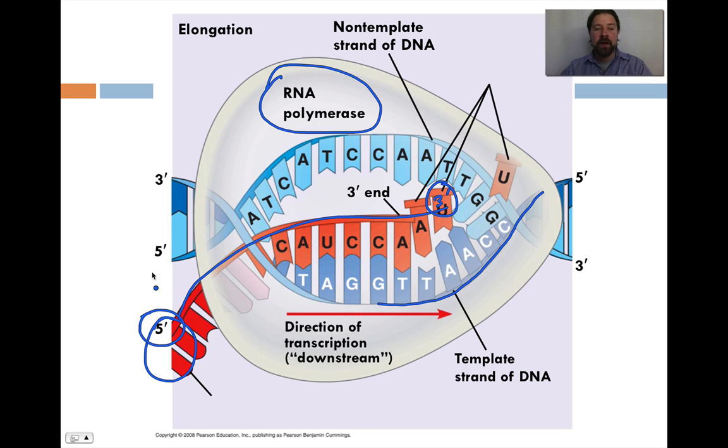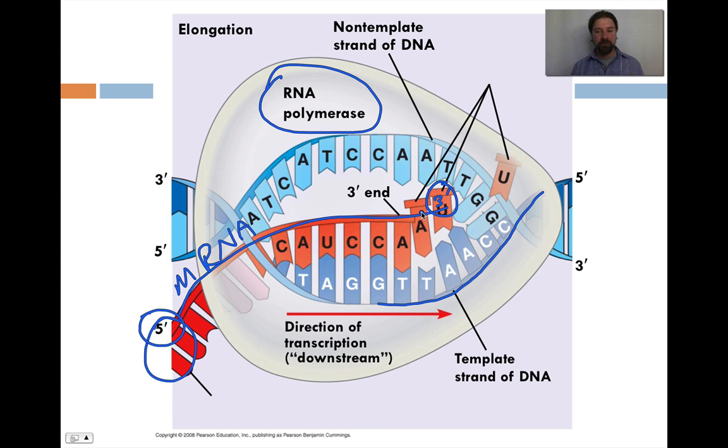Okay. Now, in this 5' to 3' direction, the code here is going to be identical to the non-template strand up here, except, of course, we have U in it. So essentially, our template strand, the one on the bottom here, is being copied from a 3' to 5' direction, but our mRNA, which is this red thing, is being copied in a 5' to 3' direction itself.